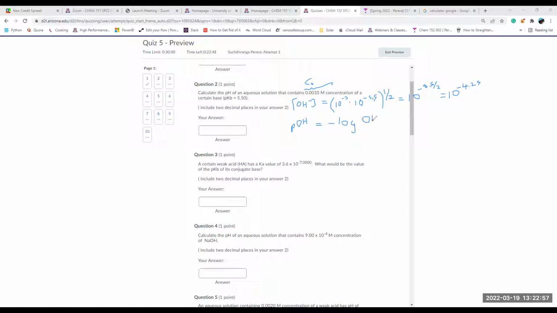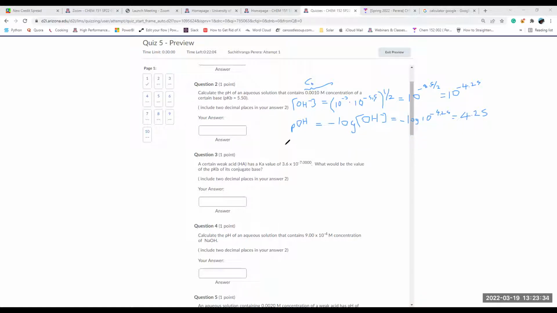This should be equal to minus log of 10 to the power of minus 4.25, which is 4.25. Okay. Now we have pOH.